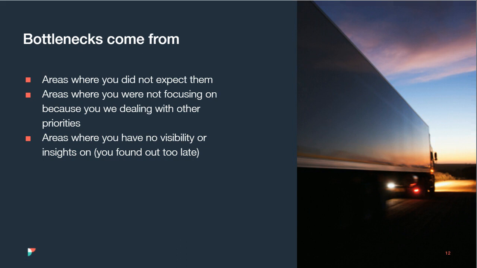So you didn't really have that in scope. The second one is areas where you were not focusing on because you were dealing with other priorities. Or the third one is the bottleneck arises in an area where you have no visibility or insights on, right? You simply found out too late. So these are, let's say, the 3 different areas where bottlenecks definitely can arise.